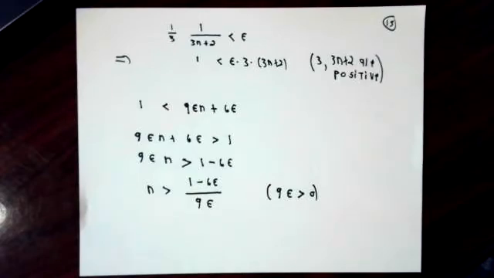I'm trying to figure out how the little n has to act, so I'm getting the part with the little n by itself. 9 epsilon n needs to be bigger than 1 minus 6 times epsilon. And since 9 times epsilon is positive, I can divide through by 9 epsilon. If little n is bigger than 1 minus 6 epsilon over 9 epsilon, the inequality that I want to be true will be true.